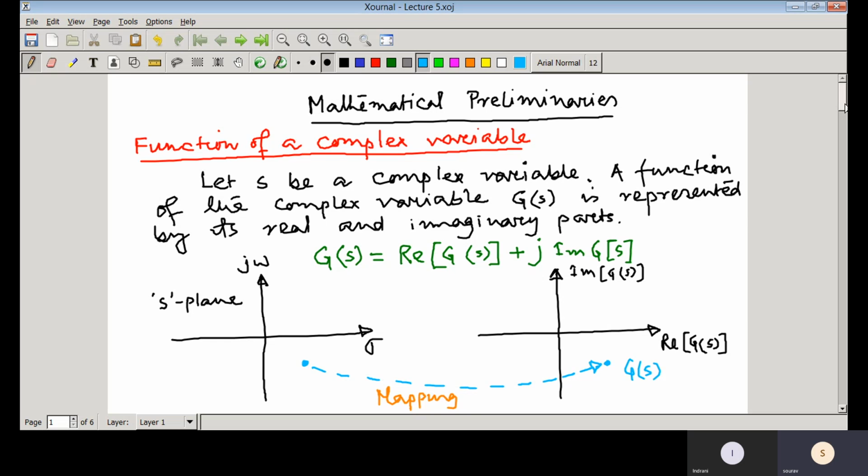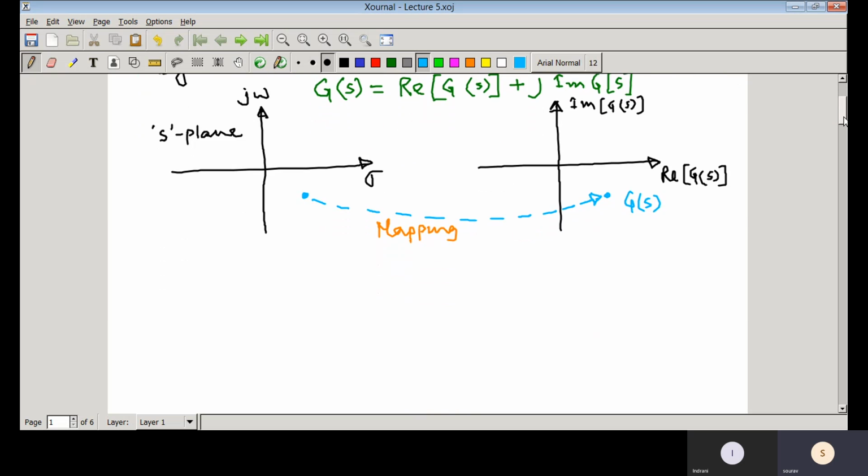Now two definitions should come here. One is called a single valued function, and the other is called one-to-one mapping.